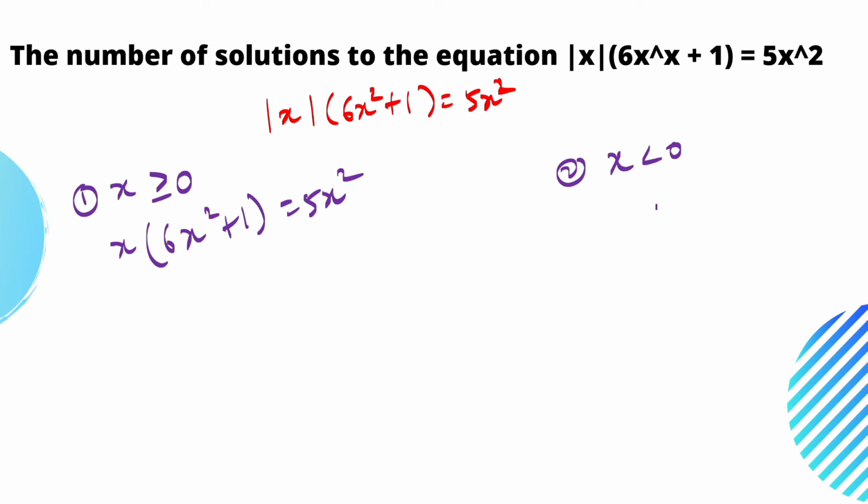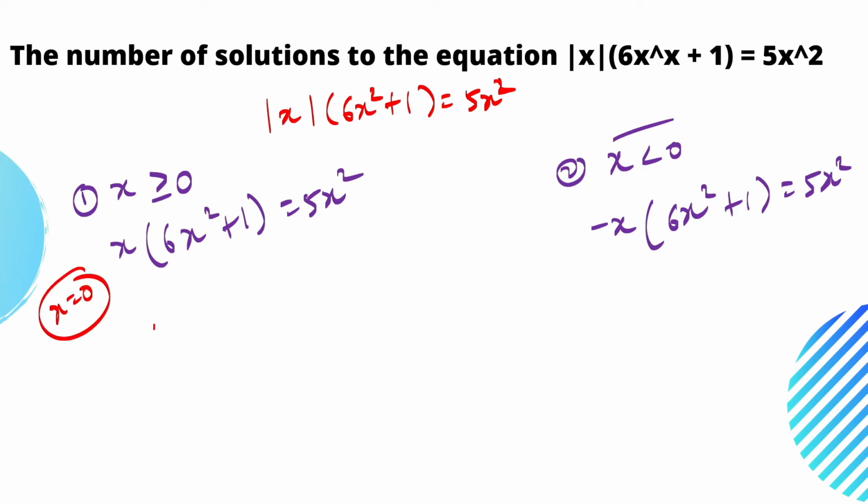In the second case, whereas x is less than 0, instead of modulus we can take minus x and 6x square plus 1, this is equal to 5x square, because in this case x is less than 0, hence we are taking minus x. Now if we take x is equal to 0 in the first case, 6x square plus 1, this is equal to 5x, and if I further simplify this quadratic equation, what do we get?